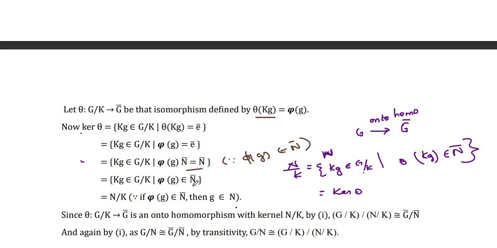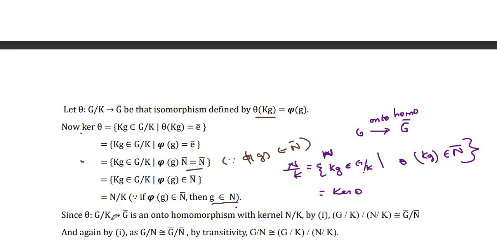Because if phi of g is in N bar, then our g should be there in N. So when we consider this Kg, here g is a member of capital G. But now that we have got, whenever phi of g is in N bar, where will that g be? By the definition of N, it should be there in N. So we can very well conclude, instead of G mod K, now that g being a member of N, we can have this correction to be N mod K.